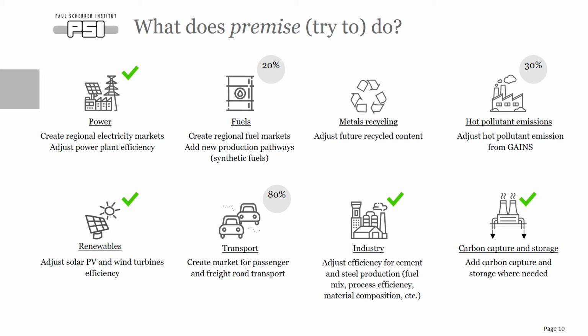To do that, we are using projections from the air pollution model GAINS, which tells us how different emissions, substances, which are non-CO2 substances like sulfur dioxide, carbon monoxide, this kind of emissions, how will those evolve for each industrial sector in each region of the model, and for anywhere between current years to 2100, I believe. And so we will adjust all these non-CO2 emissions across all the industrial activities of EcoInvent.